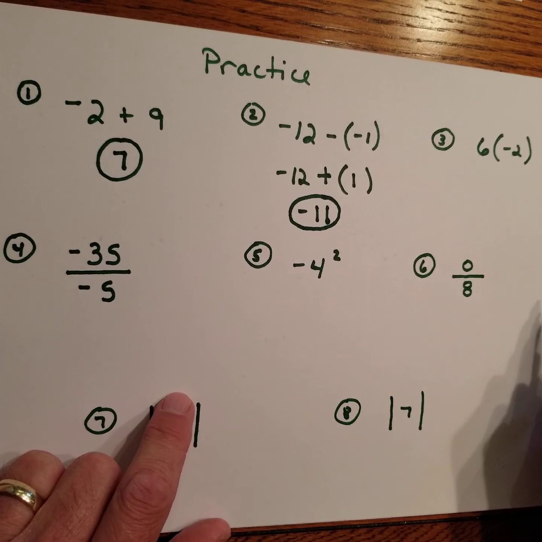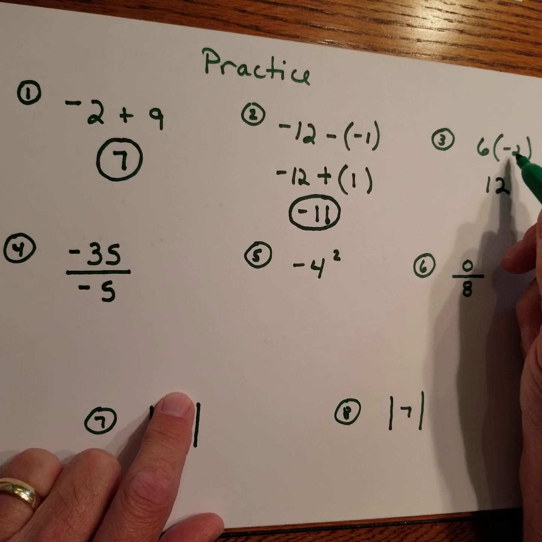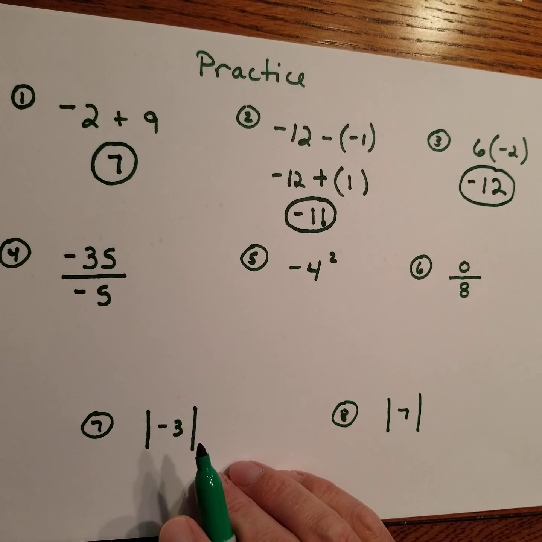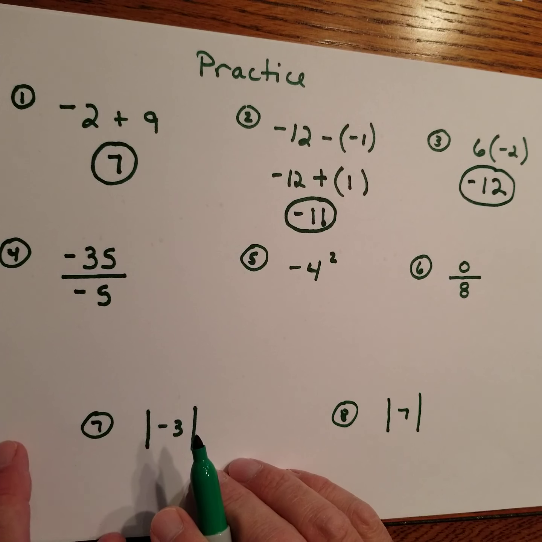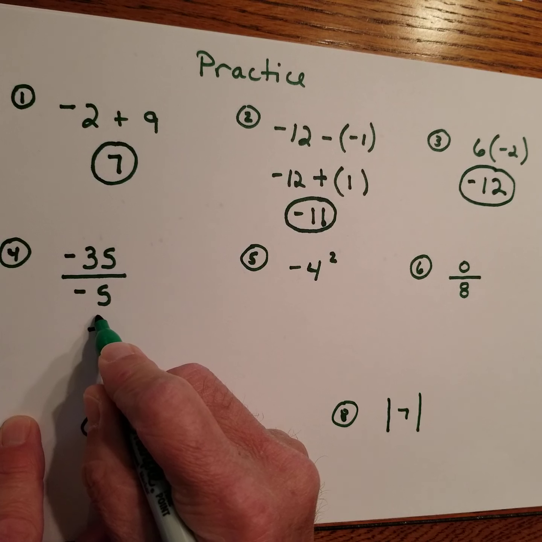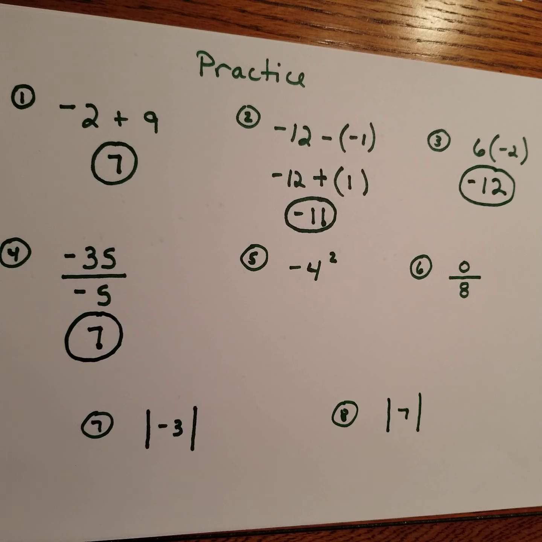In number 3, I'm multiplying. 6 times 2 is 12. And if I have one negative, my answer is negative. Divide. 35 divided by 5 is 7. And 2 negatives, when you divide, make a positive. In number 5, there are no parentheses.